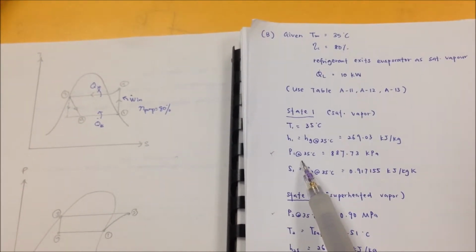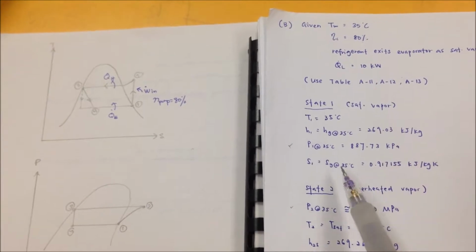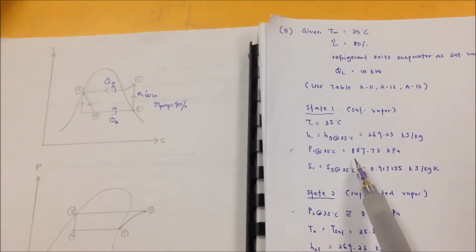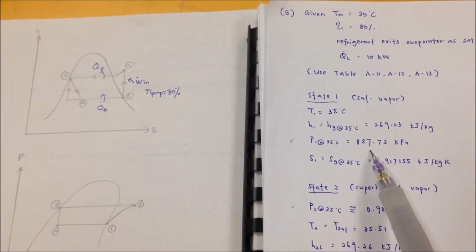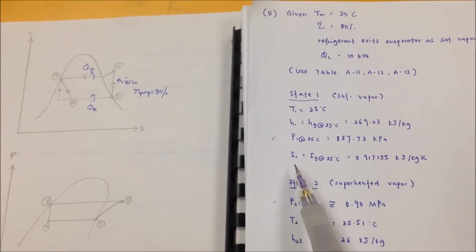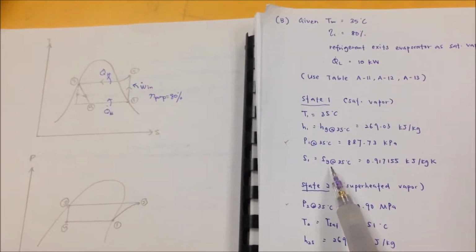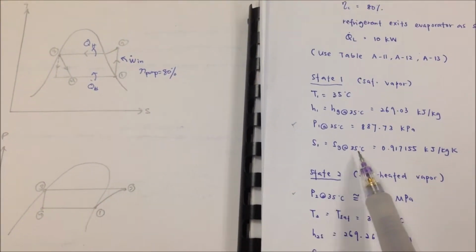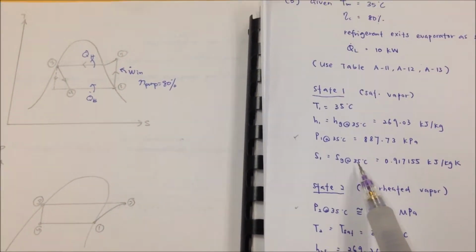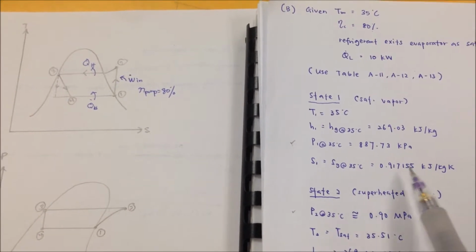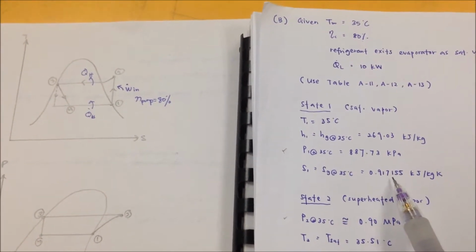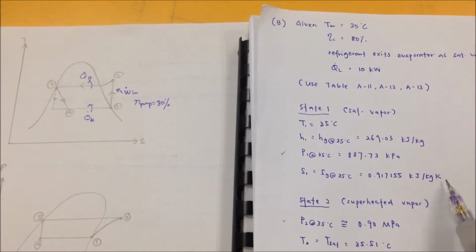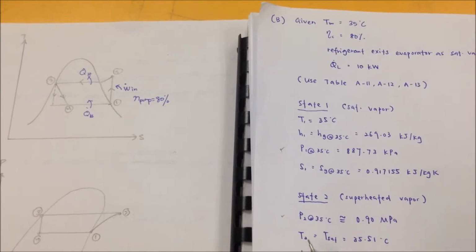The pressure at 35 degrees Celsius, since the ambient temperature is 35 degrees Celsius, equals 887.73 kilopascal. And the entropy, since it is saturated vapor, equals the entropy of gas at 35 degrees Celsius, that is 0.917155 kilojoule per kilogram Kelvin.